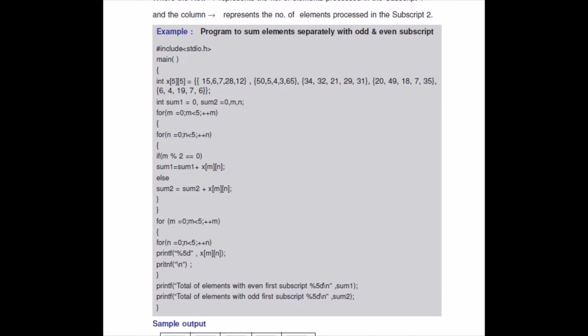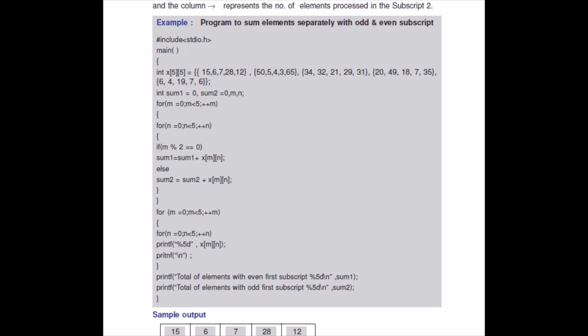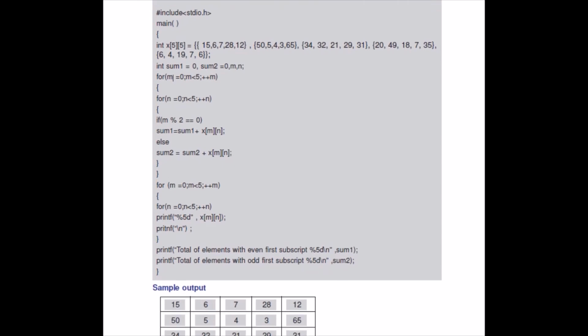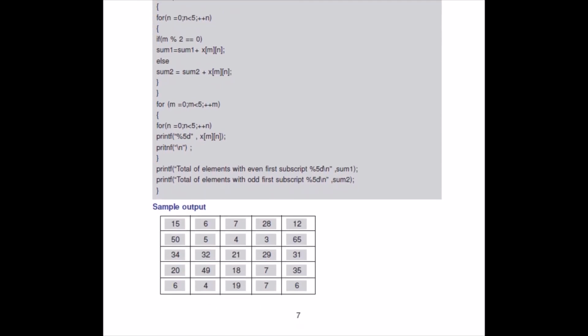A nested loop is a loop within a loop. Until the condition is met, it's not going to get out. The program will run in a certain flow. This is the best example of nested loops. You can go through the program. Let's see an output.